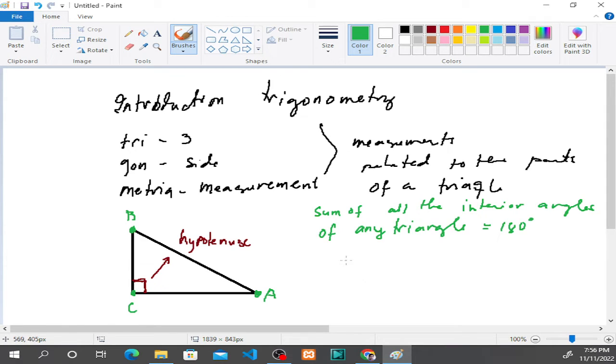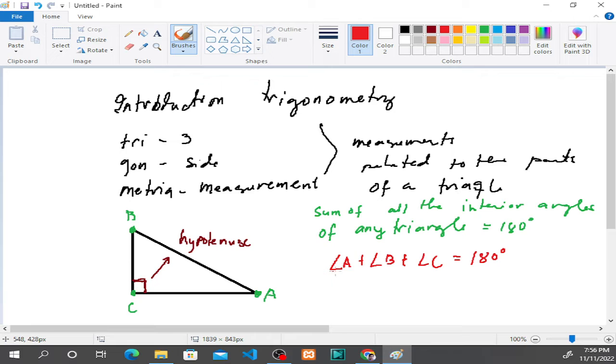You can check that actually. In our case, the measure of angle A plus the measure of angle B plus the measure of angle C is equivalent to 180 degrees.